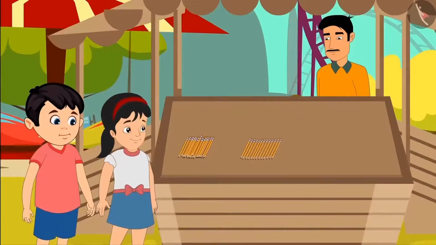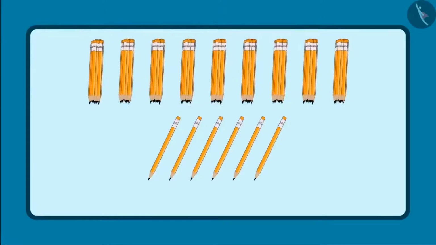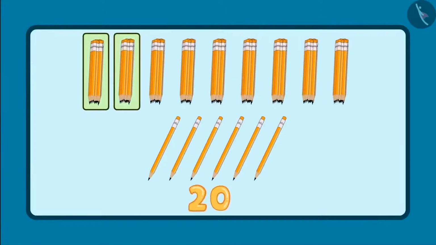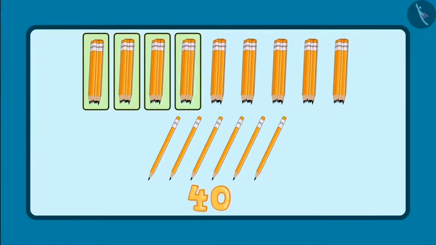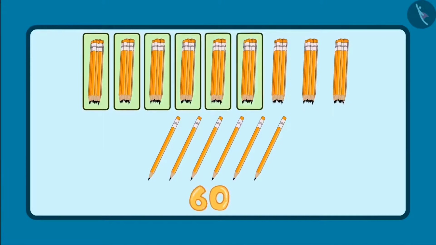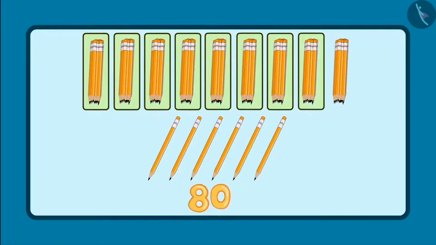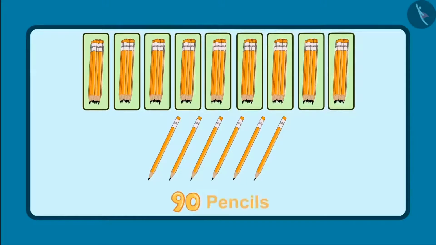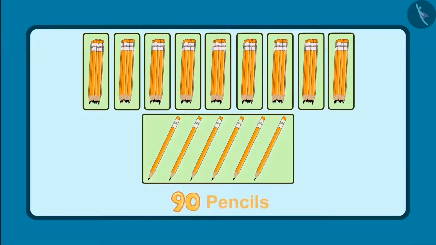Okay, Chotu. So these are 10, 20, 30, 40, 50, 60, 70, 80 and 90. This means there are 90 pencils and 6 pencils more.